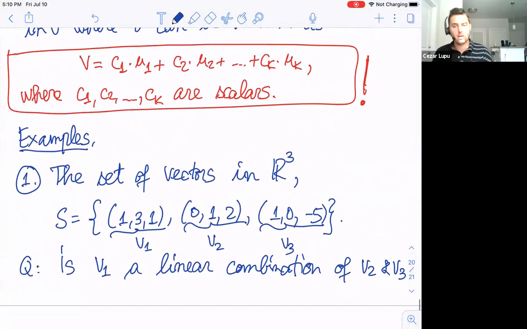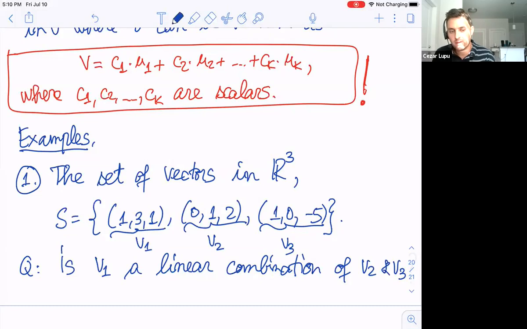We said that V is a linear combination of vectors U1, ..., UK if V can be written in this way: you multiply a scalar by the first vector and add it to the multiplication of another scalar with another vector, and so on. So that is the question.